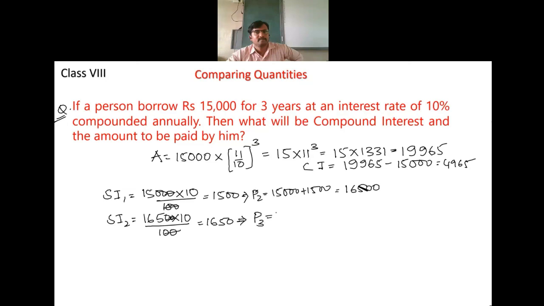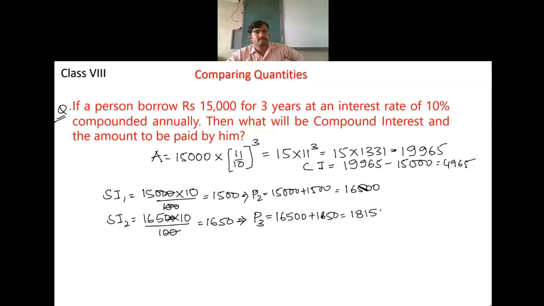Principal for the third year is 16,500 plus 1650. What's the sum? 18,150.